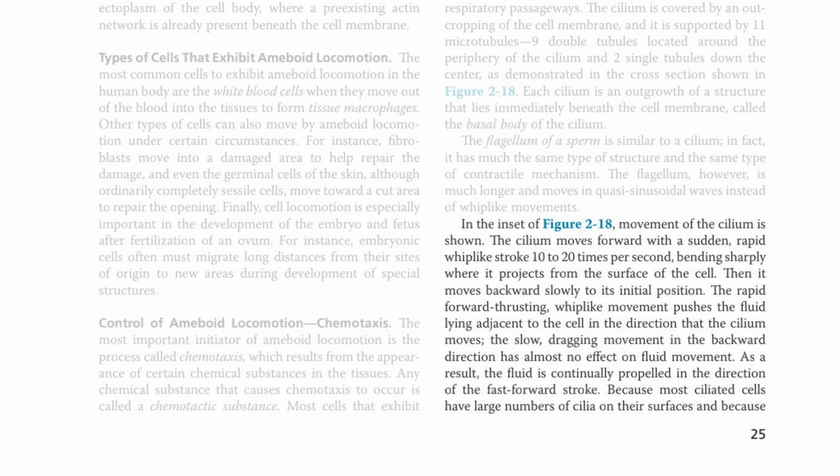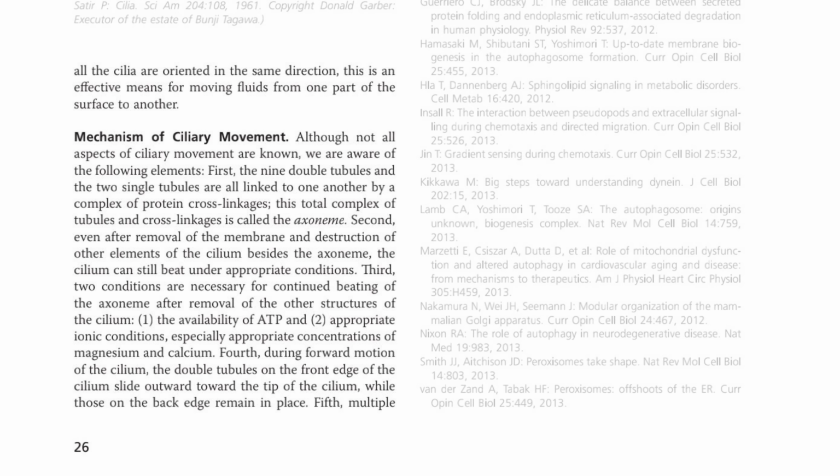The slow, dragging movement in the backward direction has almost no effect on fluid movement. As a result, the fluid is continually propelled in the direction of the fast forward stroke. Because most ciliated cells have large numbers of cilia on their surfaces and because all the cilia are oriented in the same direction, this is an effective means for moving fluids from one part of the surface to another.